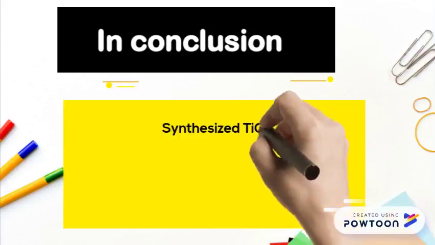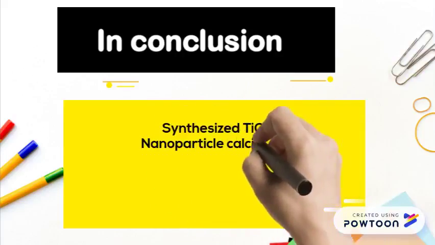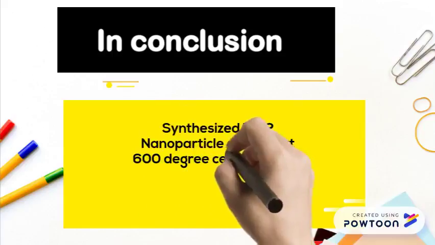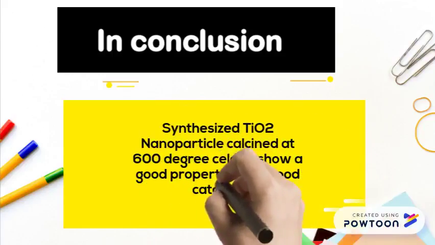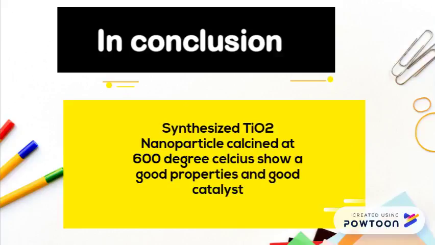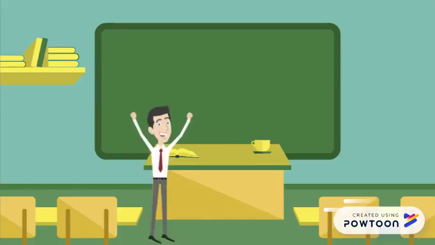Titanium dioxide nanoparticles synthesized at 600 degrees Celsius show good properties, and we can conclude that it is a good catalyst.